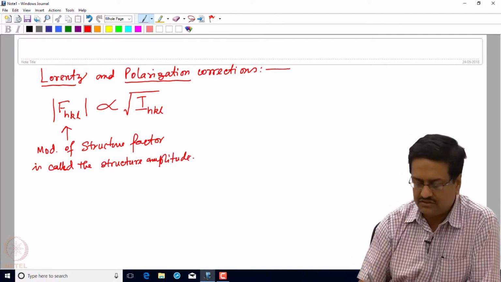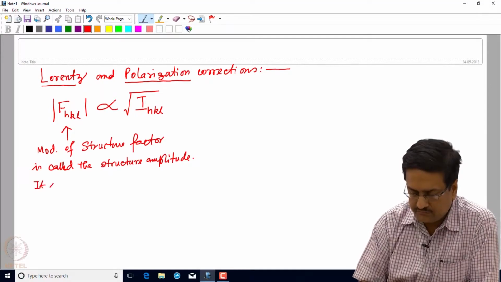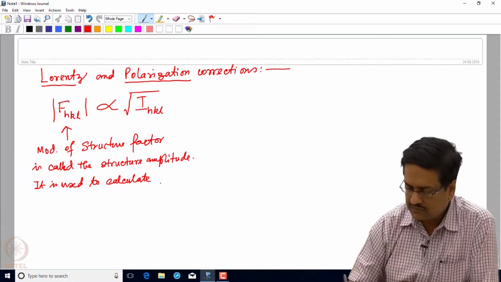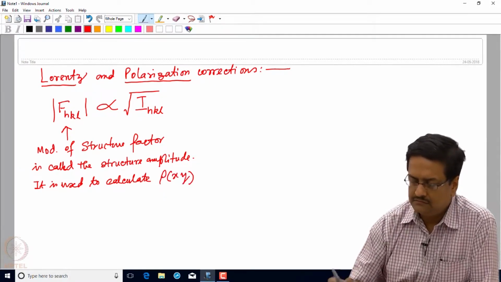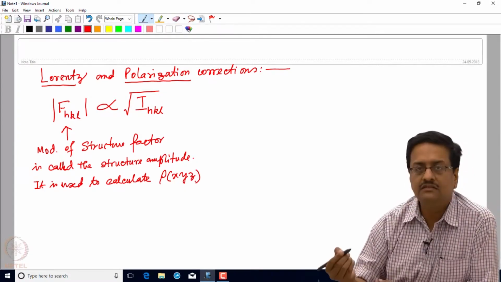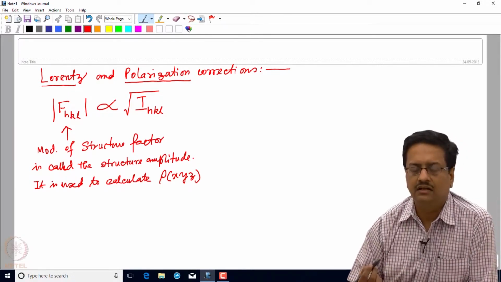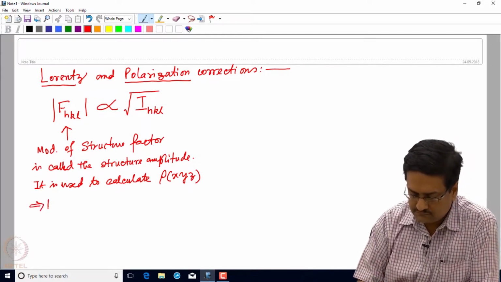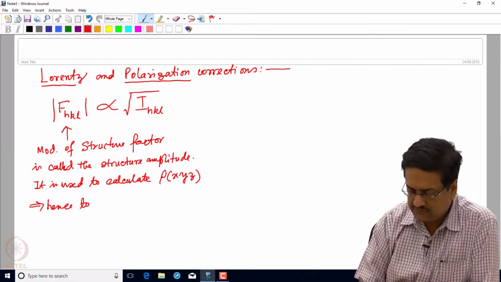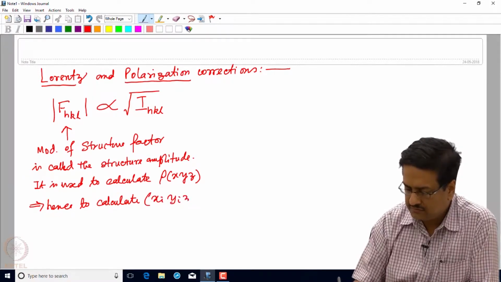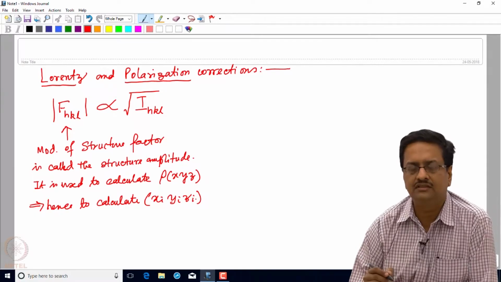And this structure amplitude is used to calculate rho xyz, which means the electron density associated with different locations of atoms in the unit cell, and hence to calculate xi, yi, zi for all the atoms present in the unit cell.